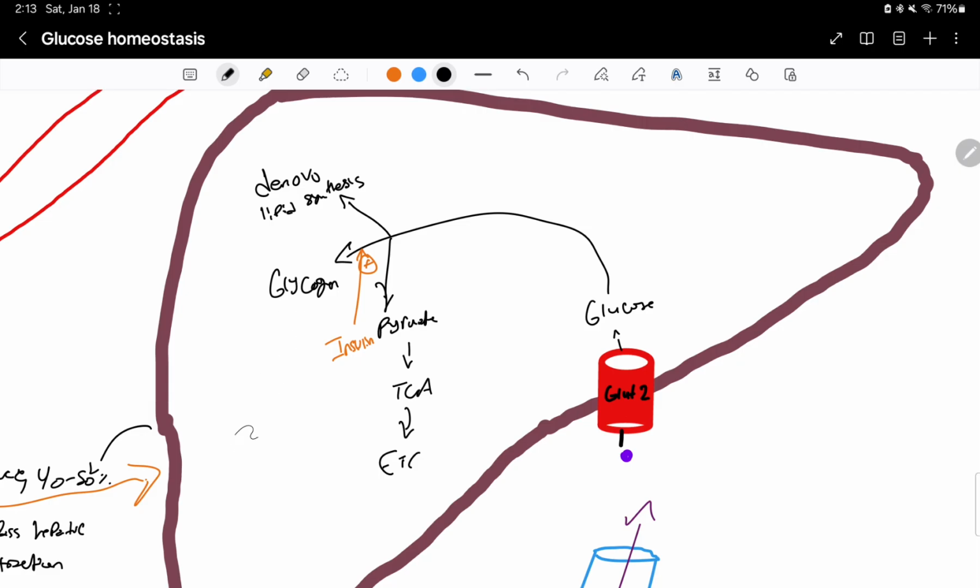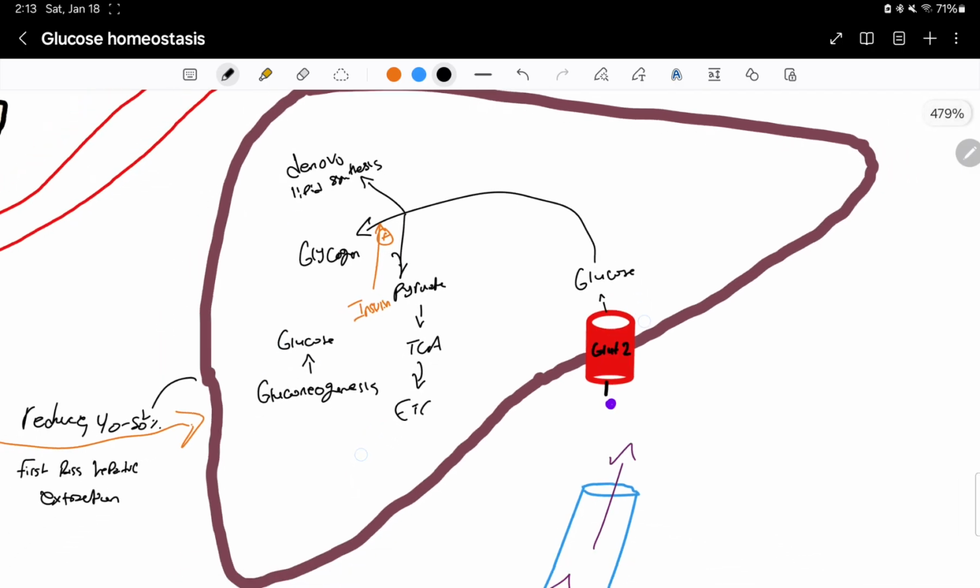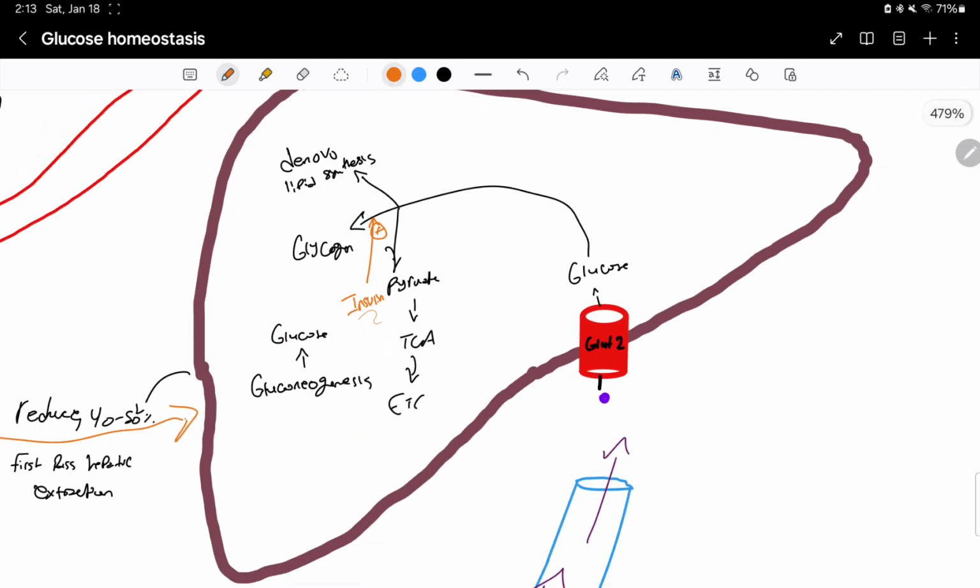It could go through a special process called gluconeogenesis. After it did that, it would make glucose and put that glucose out into the bloodstream. Well, insulin is saying, hey, listen, we have too much glucose in the blood right now. We don't need that much. So I'm going to go ahead and inhibit gluconeogenesis. So it does that.